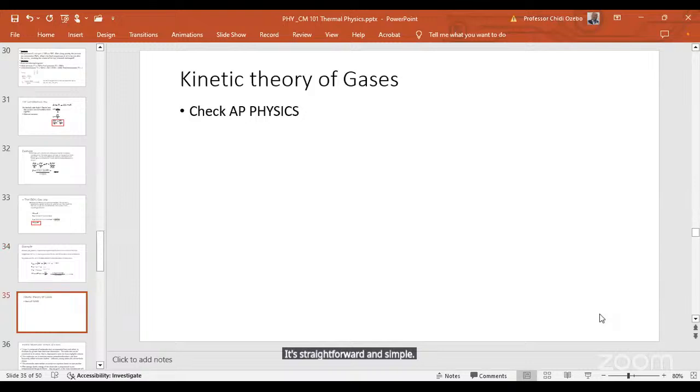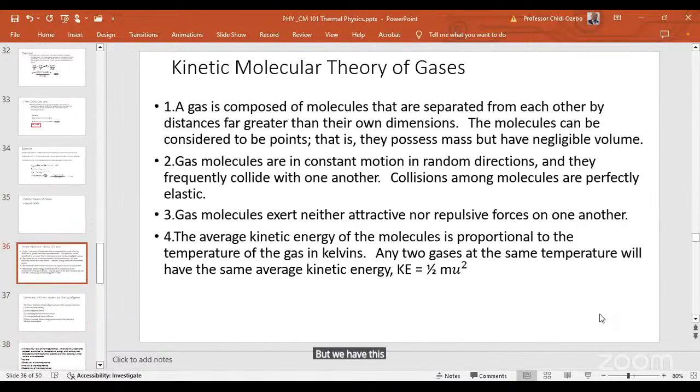Now, we can also look at the kinetic theory of gases. You can get this from different textbooks, but we have a summary of it here.